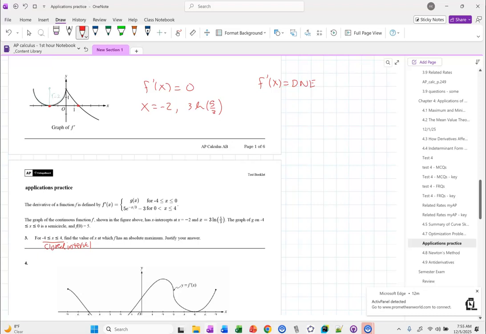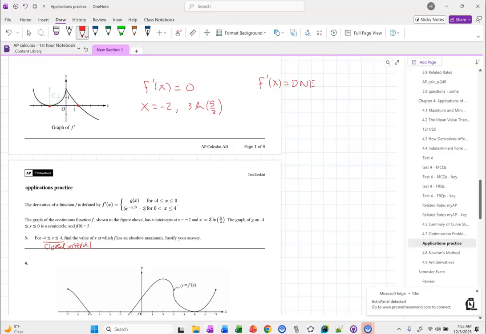But f prime is fine, right? Everybody see that? That looks like they're both at 0, 2, right? So the semicircle should be the point 0, 2. And if I plug 0 in for x here, I have 5 times e to the 0, so 5 times 1 minus 3. So that looks good.